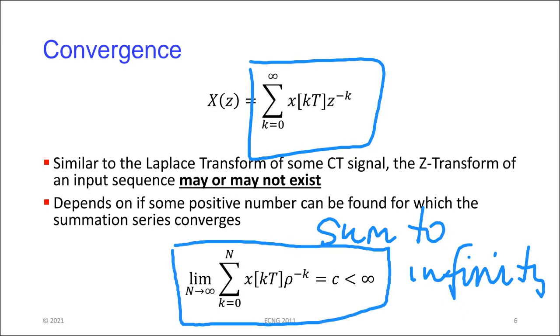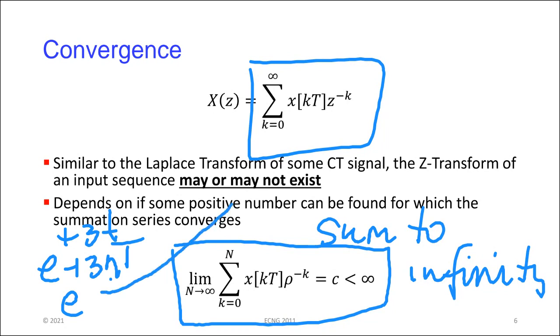The Z transform only exists if the particular thing that you're trying to find this Z transform of has a sum to infinity. Now, there are certain things that we know, like positive exponents, like e to the plus 3t, for instance. If you sample that and you have e to the plus 3nt or kt, as n increases, this thing is going to get bigger and bigger and bigger as you go down the road.